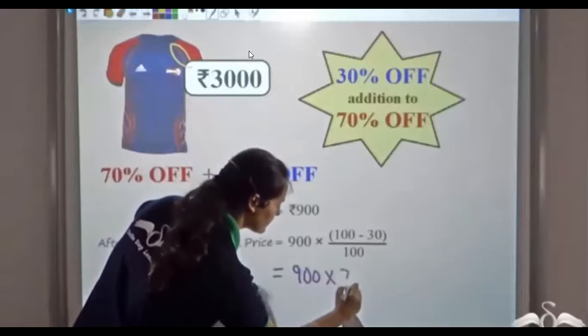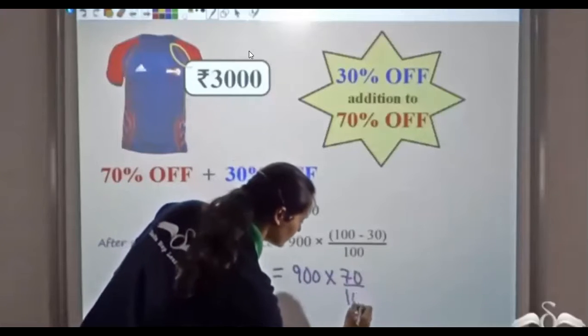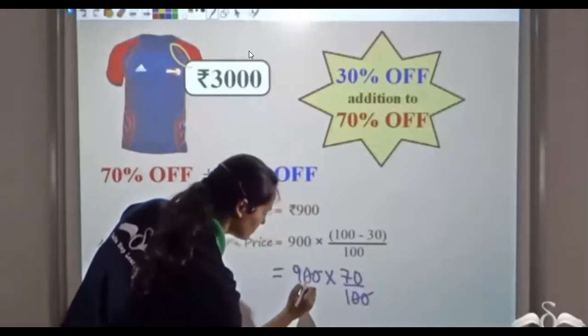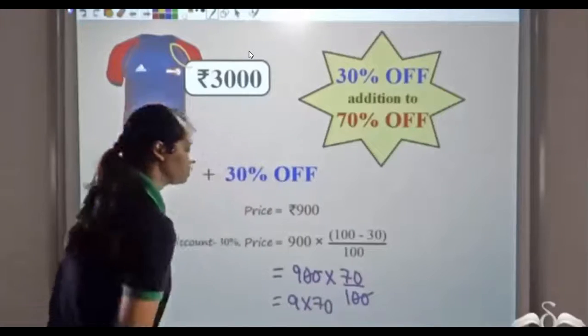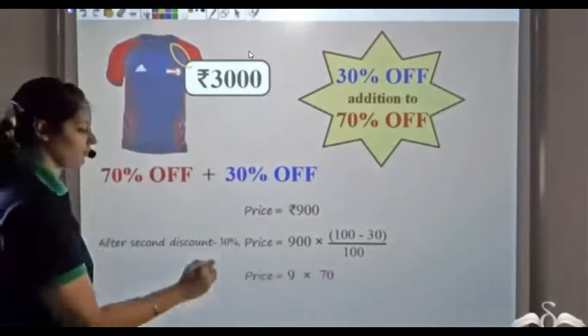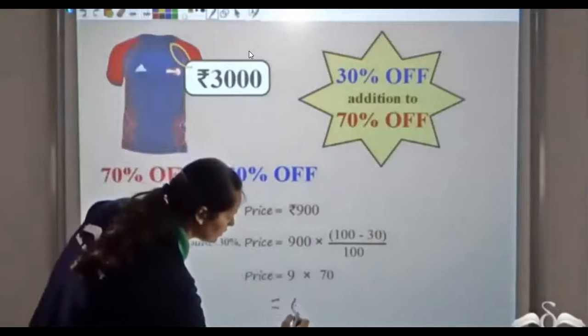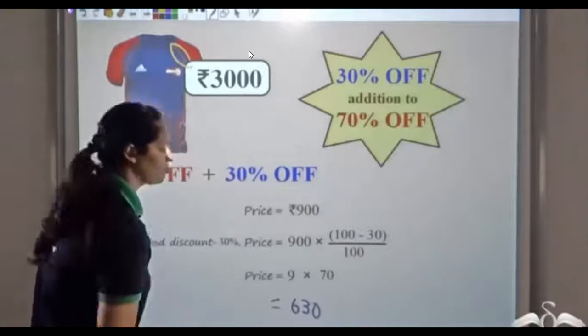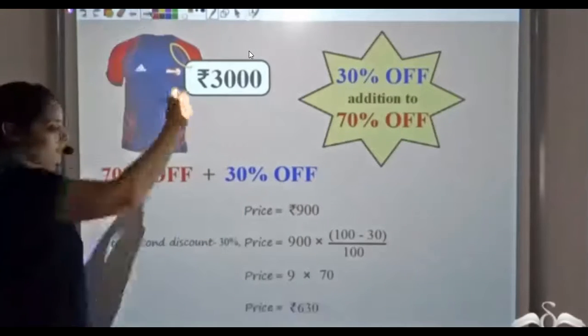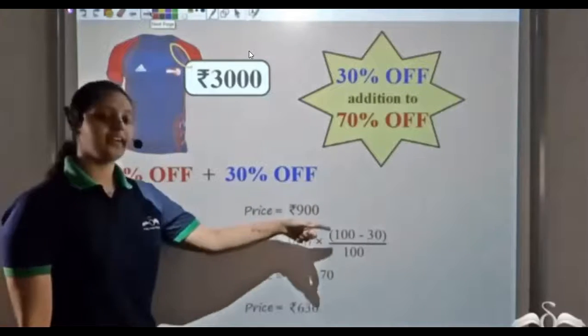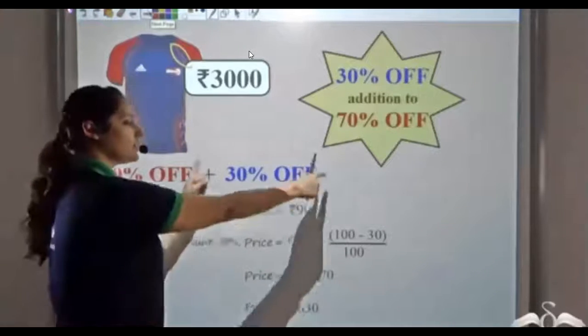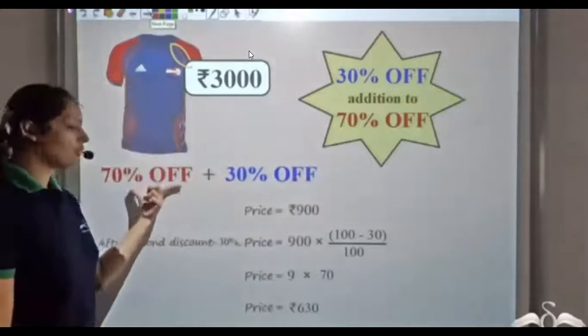Which gives me 900 times 70 by 100. This is 9 times 70. So price is equal to 630 rupees. So after 70% discount, the price was 900 rupees, but you get a 30% additional off on this.